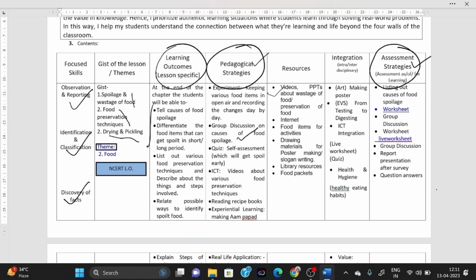So let us see what integrations we have made in this particular topic. We have integrated with art while making posters and slogan writing. We can integrate it with EVS. One chapter is there in class 5 EVS, From Tasting to Digesting. In this chapter also we are going to learn about various food items. In ICT integration, we have prepared live worksheets and an online quiz.